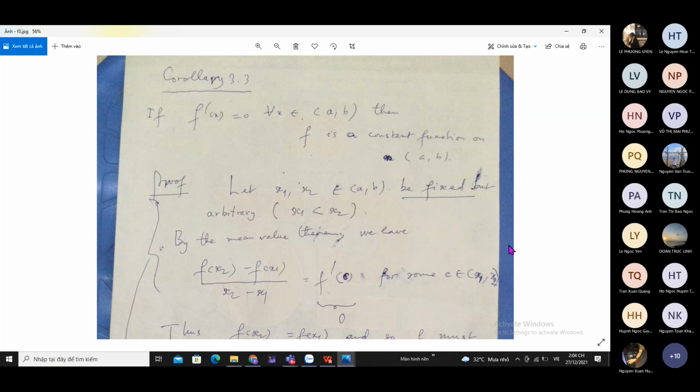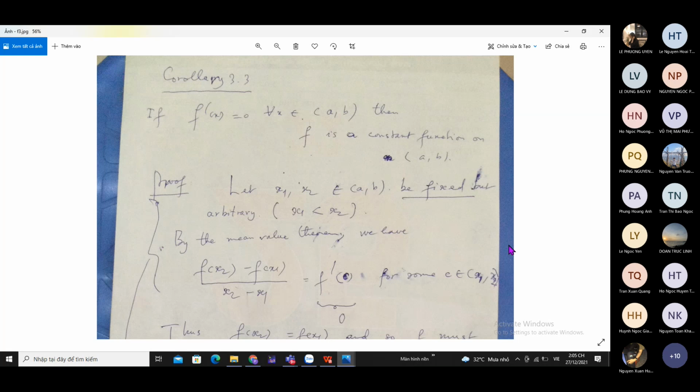We just apply the mean value theorem. Here we apply the mean value theorem on the closed interval x1, x2. You have f of x2 minus f of x1 over x2 minus x1 equals f prime of c. Here, c is a point in the open interval x1, x2.